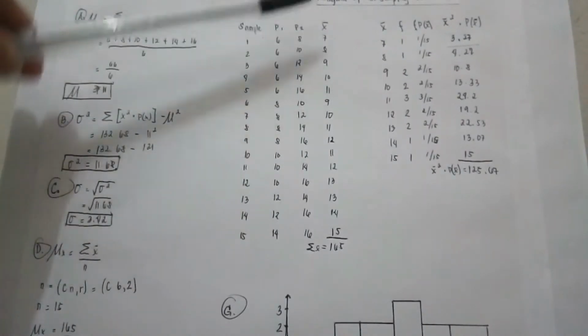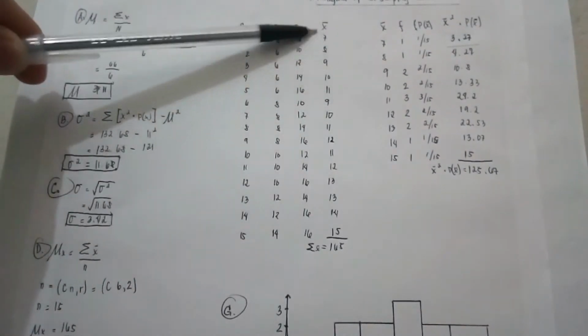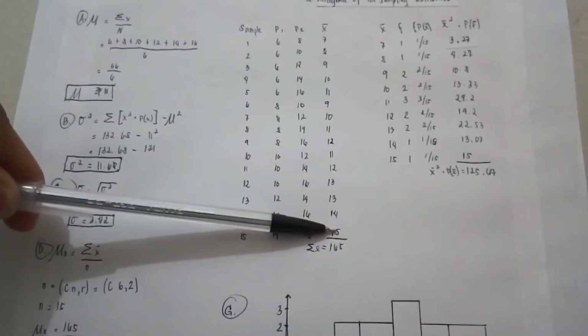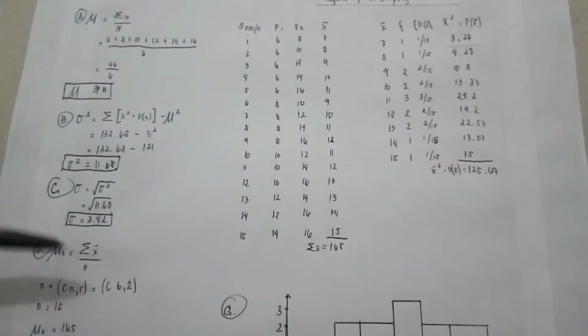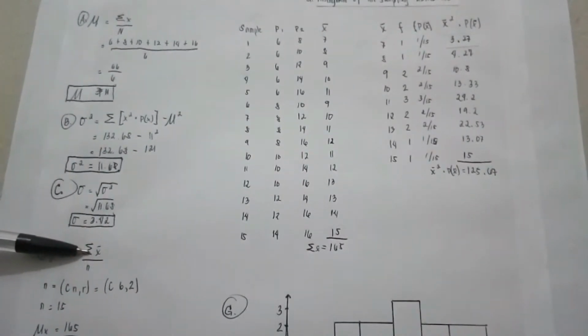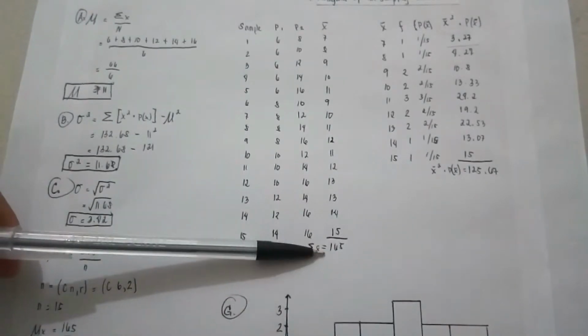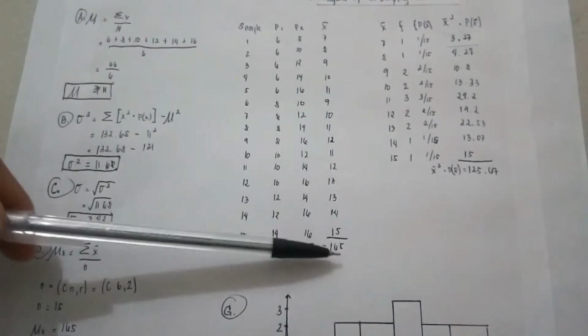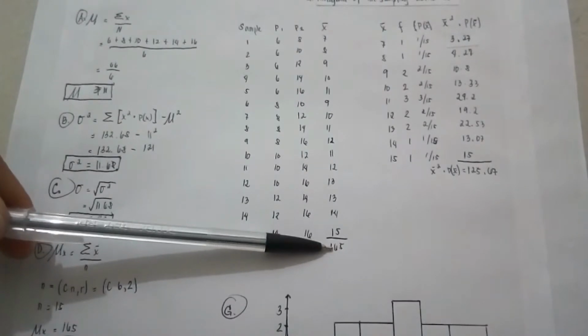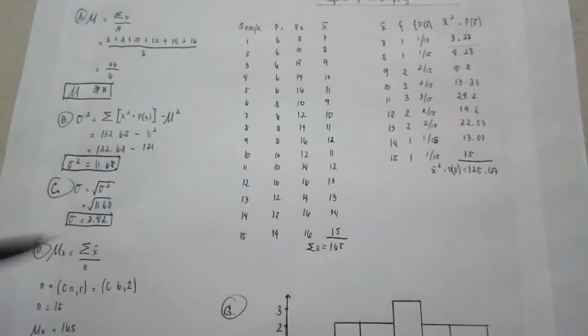So, kapag nakuha na ang total nito, ipag-add na natin sila para makuha ang value ng x bar. So, ang total nito is 165. Then, solve na natin. So, 165 over 15. 165 divided by 15 equals 11.